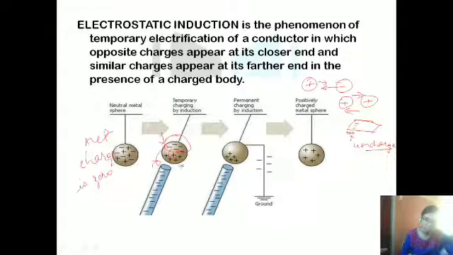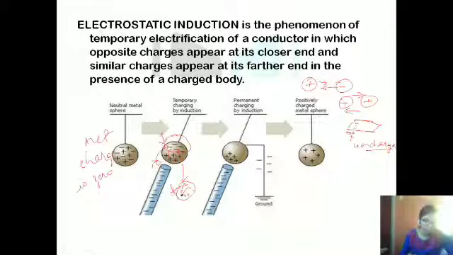Suppose we move this rod away from it, that means there is no connection between this rod and the metallic sphere. This rod is taken far away from it. So what we will see is, this metallic sphere is a conductor. What is the property of a conductor? When they have charges, these charges are free to move.